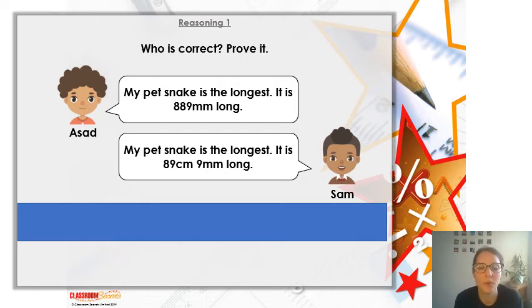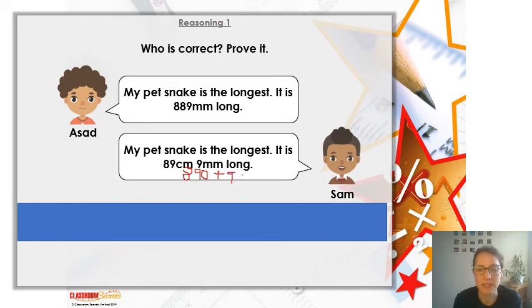Okay, so what we can do here is convert them so they're both into the same unit. So I'm going to swap Sam's into millimetres. So 89 centimetres times by 10 gives me 890. Add the 9 millimetres.